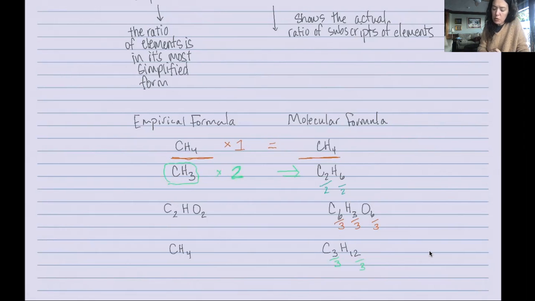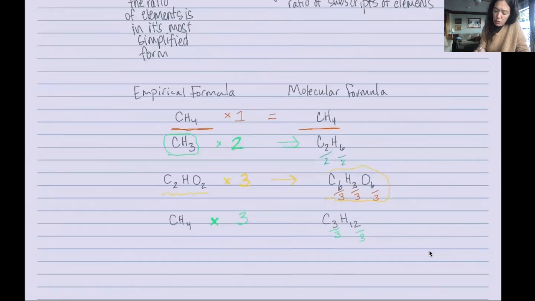And then the subscripts would turn into what they originally were. For my next example, I would need to multiply my subscripts by 3 in order to go from my empirical formula to my molecular formula, okay? And in the last one, I would need to multiply my subscripts, nope, not by 4, but by 3. Let me get rid of that. I was about to write a 4, by 3.